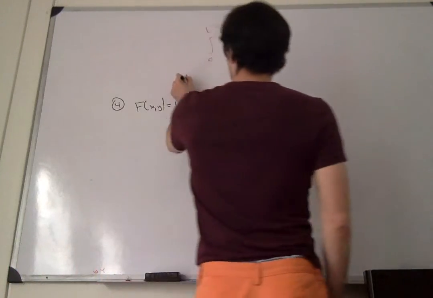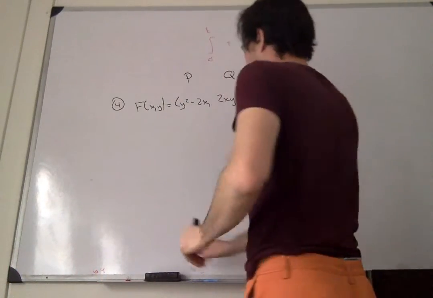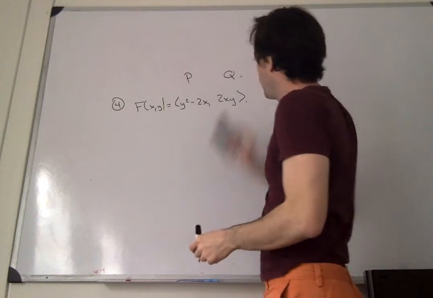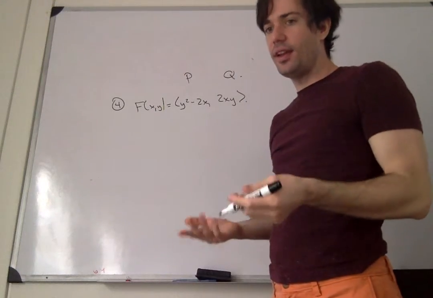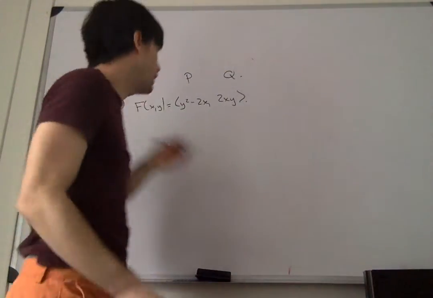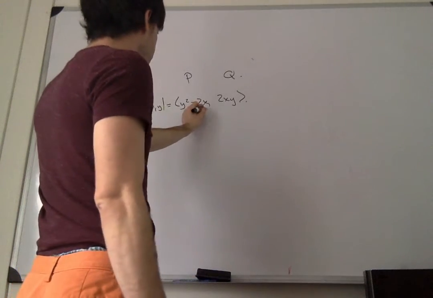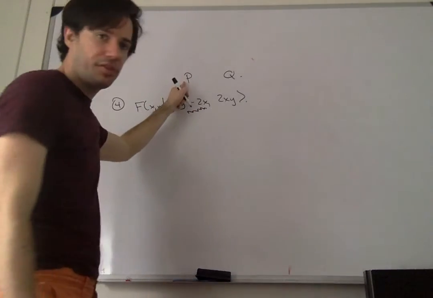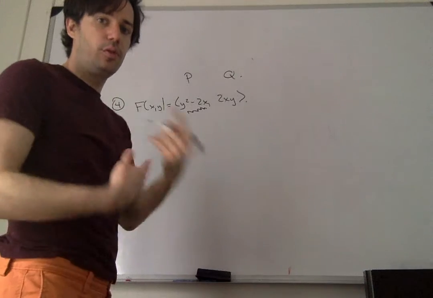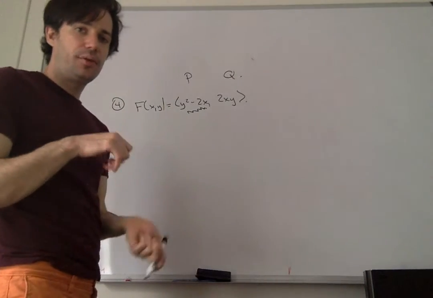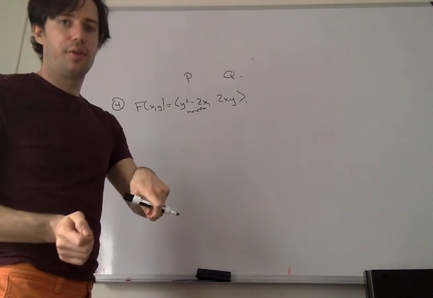Okay, so this is P and this is Q, and we want to know, is it conservative? If it is conservative, I should be able to take the derivative of the first coordinate with respect to y, and it should equal the derivative of the second coordinate with respect to x.